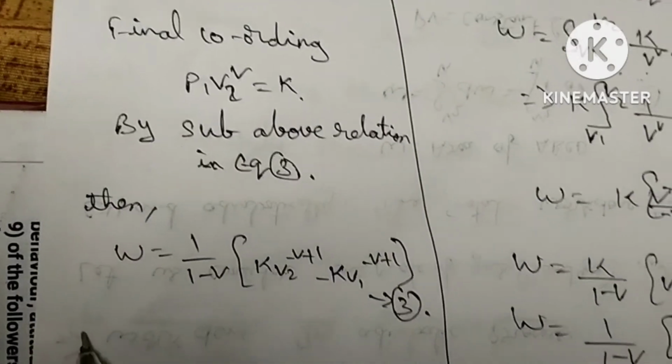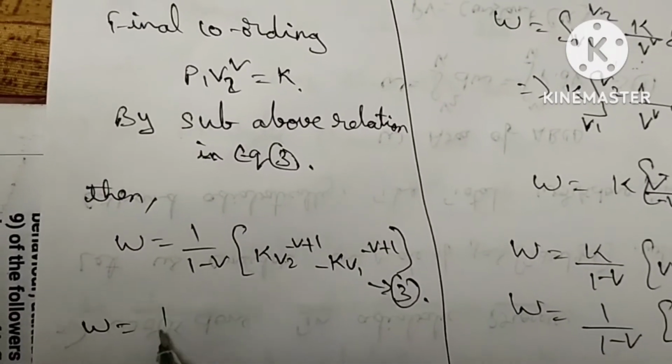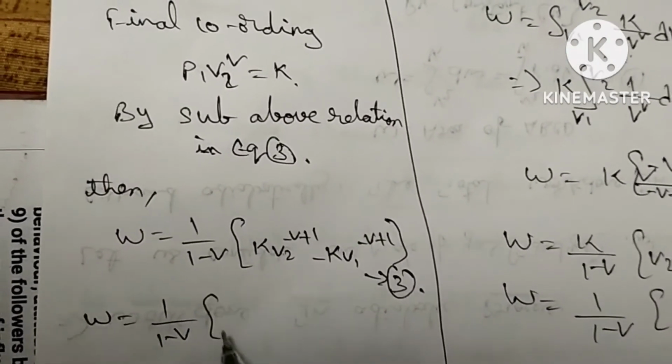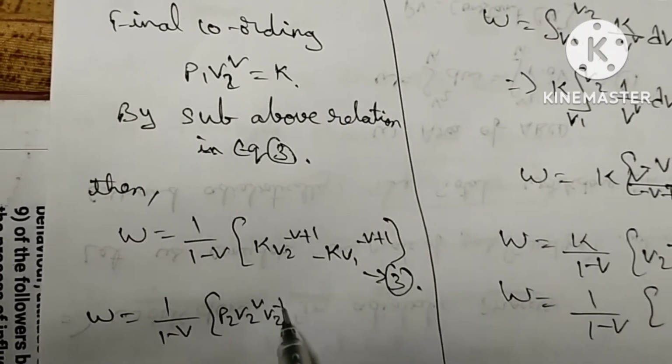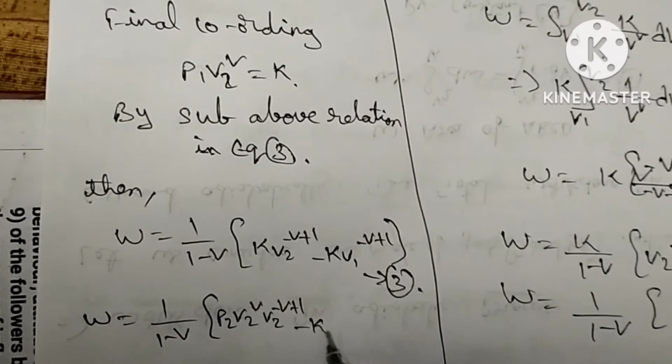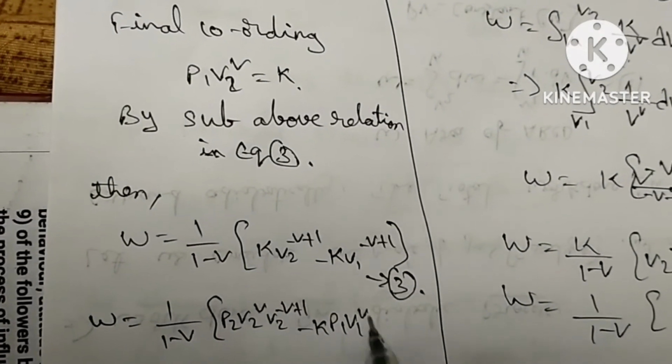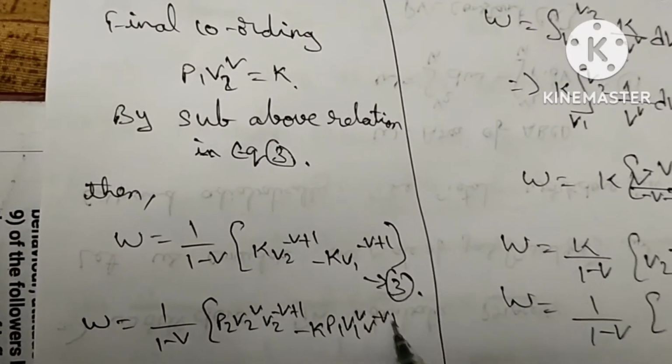Now substituting, W equals 1 by 1 minus γ into P2 V2^γ V2^(1-γ) minus P1 V1^γ V1^(1-γ).